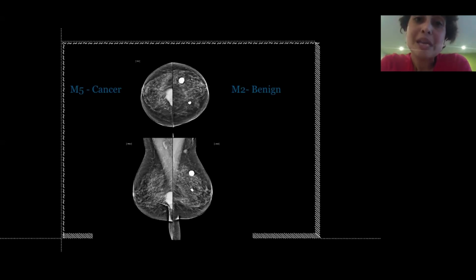And this could be a cyst with a calcified wall. It could even be an oil cyst, and it's probably long-standing. You will say that I will compare this with previous mammograms, and more likely than not, these rounded areas will be seen on the previous mammogram.